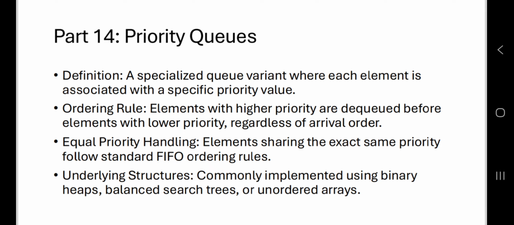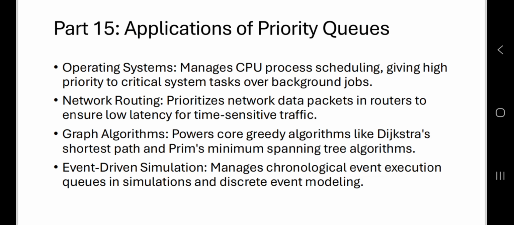Priority queues are important in high performance computing, as we will explore in part 15. Operating systems, so they manage the CPU process scheduling, giving high priority to critical system tasks over background jobs. Network routing, so they prioritize data packets in routers to ensure low latency for time sensitive traffic.